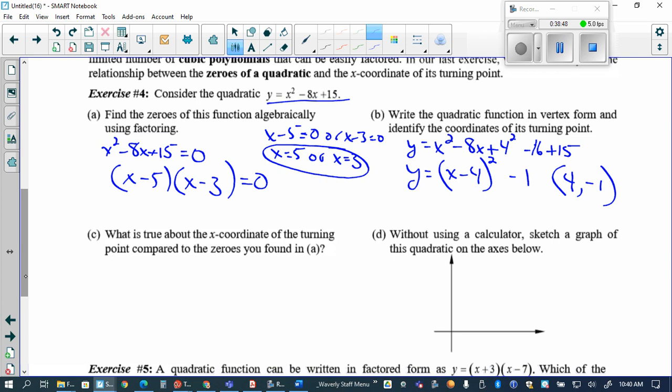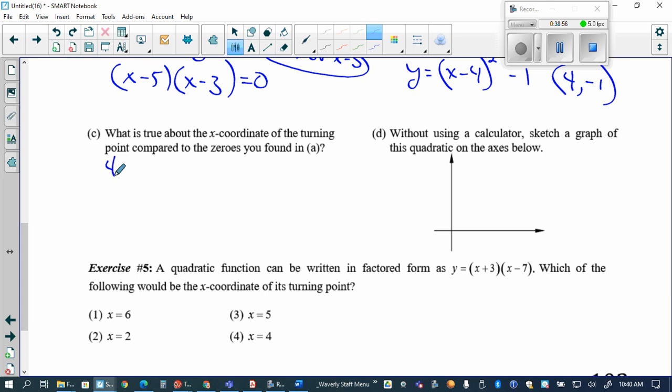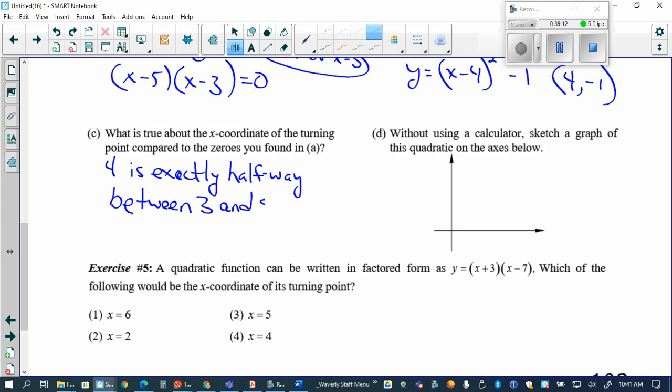It's exactly halfway between 3 and 5, right? Wouldn't you say 4 is the average of 3 and 5?